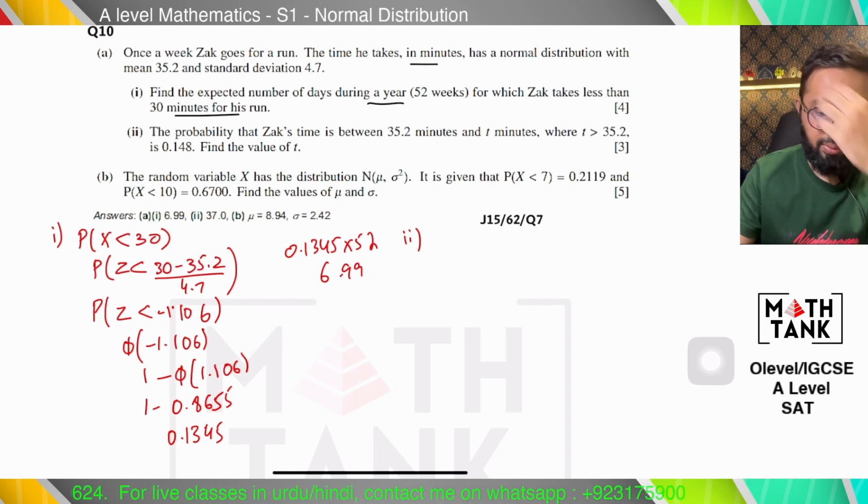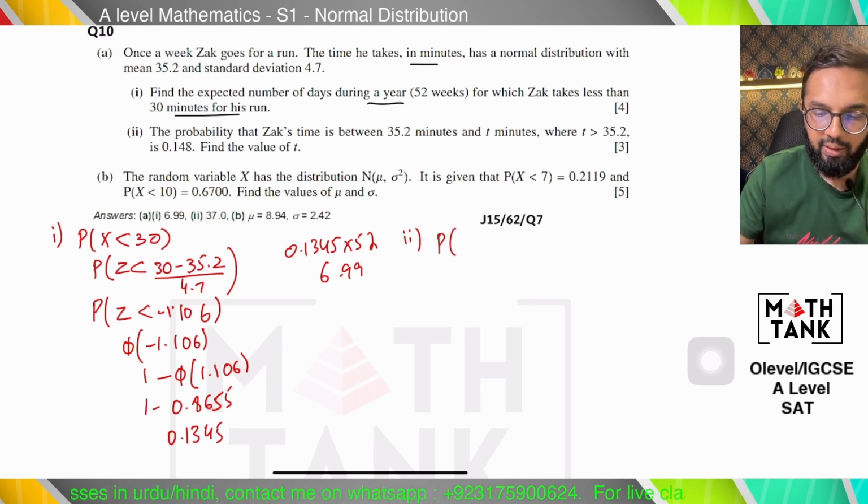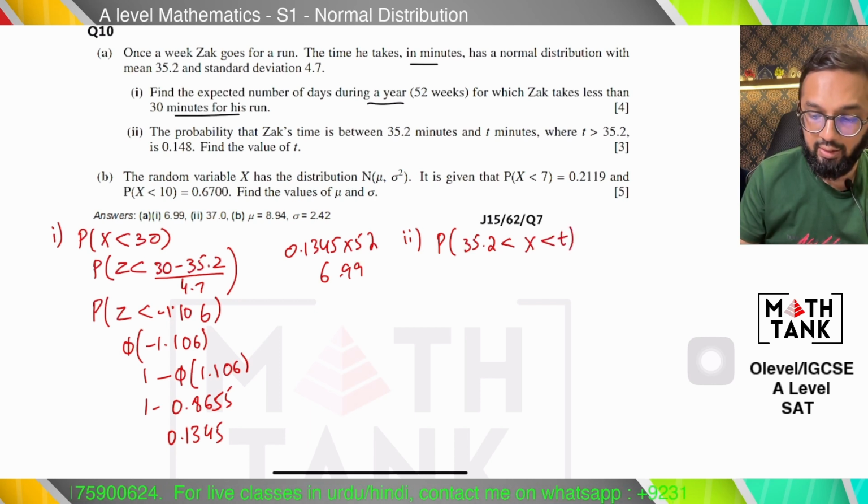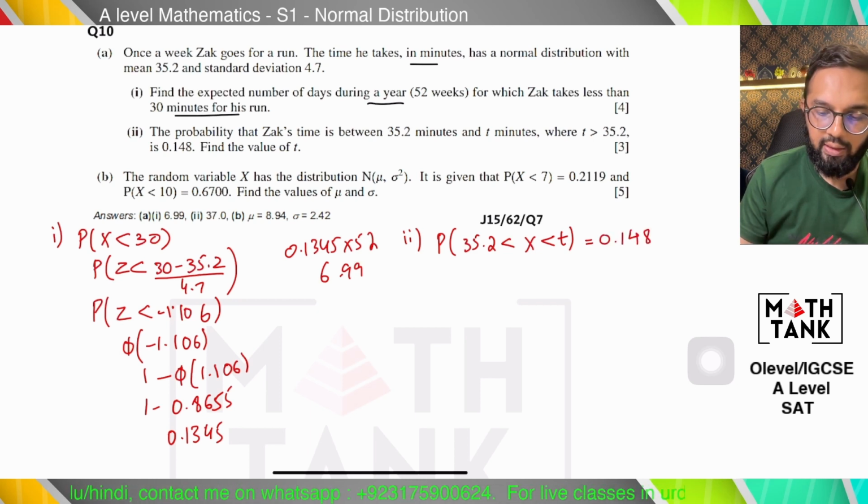Okay, the probability that Zach's time is between 35.2 and t minutes, where t is greater than 35.2, is 0.148. Find the value of t. So I think that's simple.